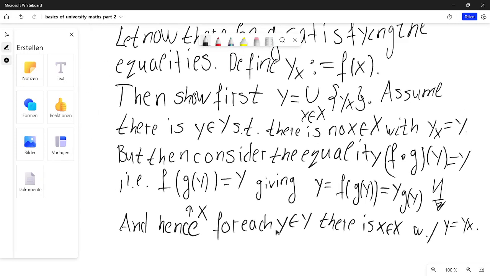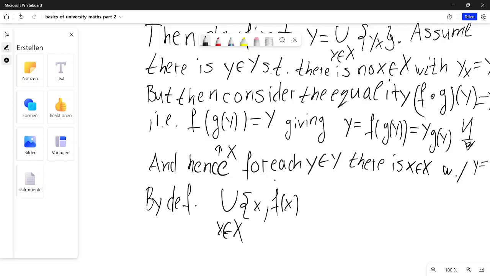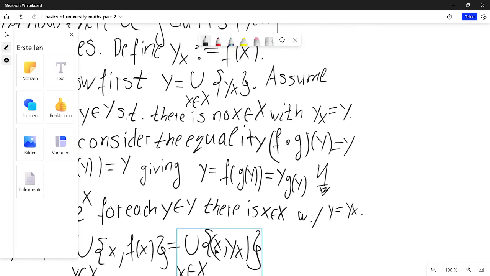Now we have defined that by definition. We have the other condition, x element X, right, because we have explicitly defined, and as you have probably noticed, we always define y(x) to be just f of x, and well, I did not have to introduce that at all.